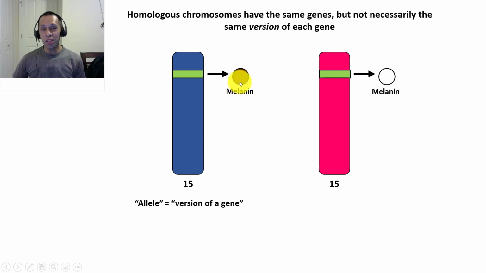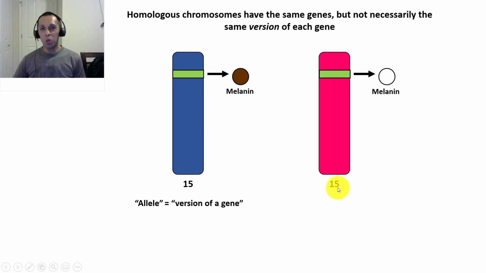So there is the dark melanin version, or the dark melanin allele, and then also the light melanin allele. So again, if you're ever unsure about what this term allele means, just swap in this phrase, version of a gene, into that part of the sentence and it should make more sense.